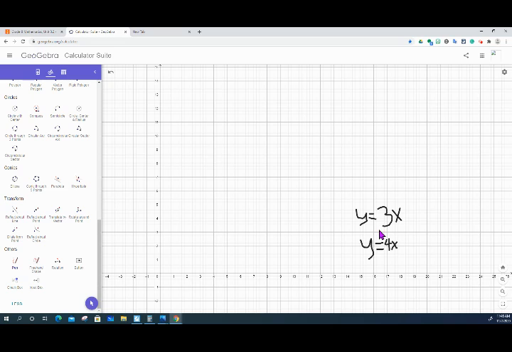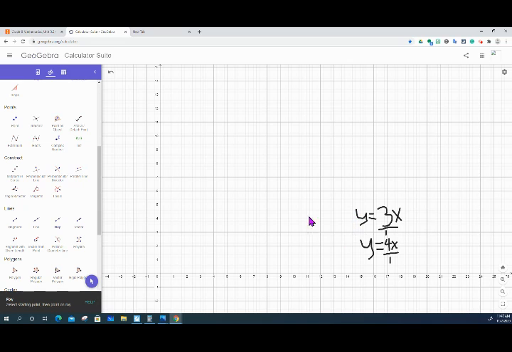Well, it really means that it's 3 over 1. This one's changing 4 over 1, whether that be feet in a minute, inches in a week, or dollars for every video. That's what it means. So let's look at what these two graphs would look like.